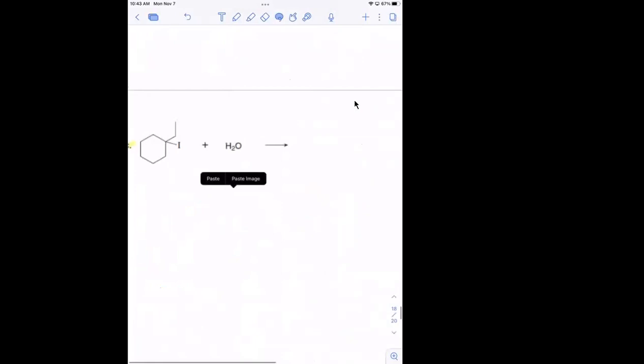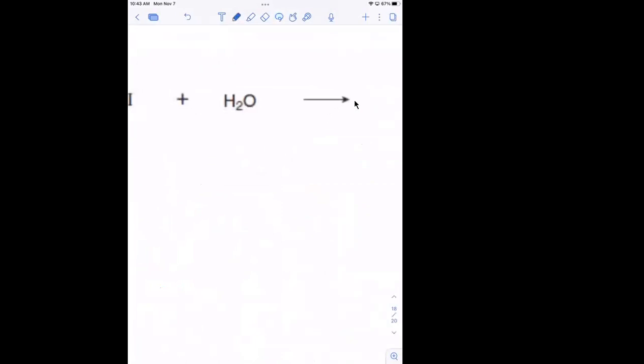Right, in this case, what do you think the water is gonna be? Nucleophile or substrate? What is my nucleophile? Water is really interesting.